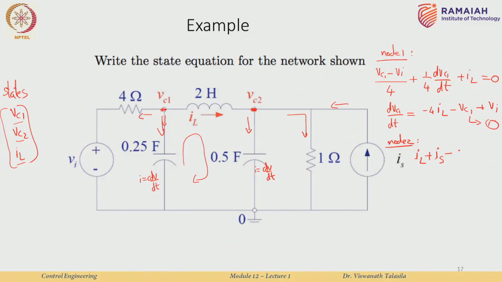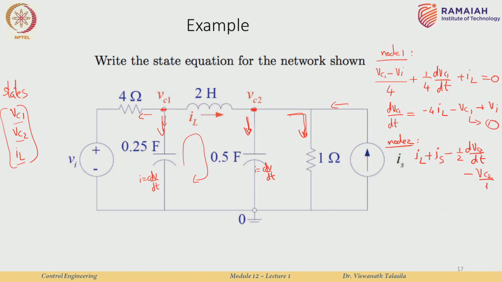So, I will basically get 0.5 which is 1 over 2, that is my C dVc2 by dt, okay, that is a current in this branch over here, and the current in this branch is simply Vc2 divided by 1, alright.